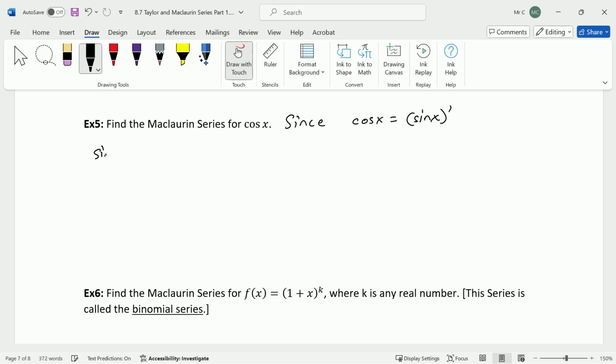we can take the fact that sine of x equals the sum from n equals 0 to infinity of negative 1 to the n times x to the 2n plus 1 over 2n plus 1 factorial, and take its derivative, and that implies that cosine of x is the derivative of this series.